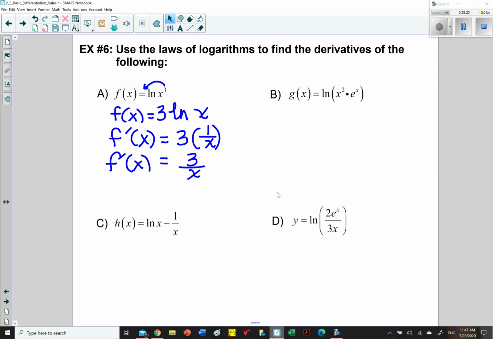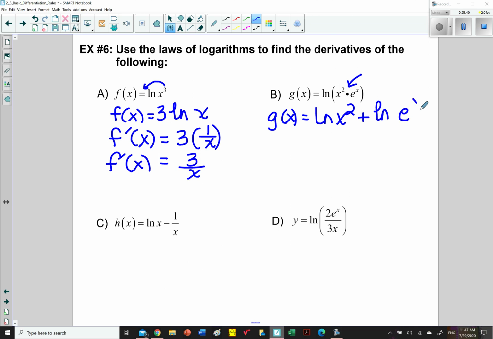On letter B, we have a product there, so I want to think about g of x is the natural log of x squared e to the x, and when I have a log of a product, I can call that the sum of two logs. Again, using properties of logarithms, this is 2 natural log of x plus x natural log of e.